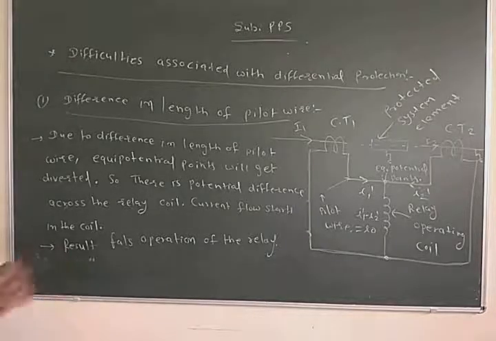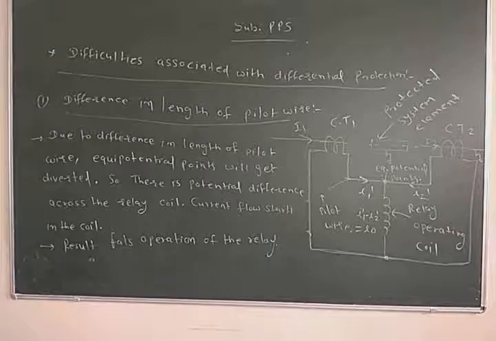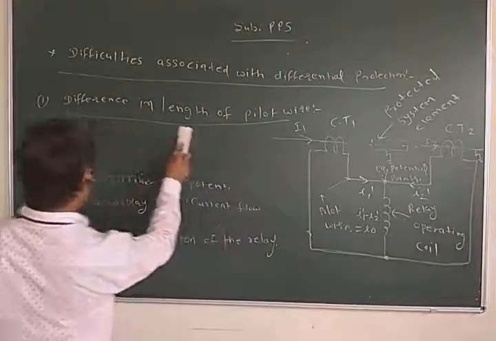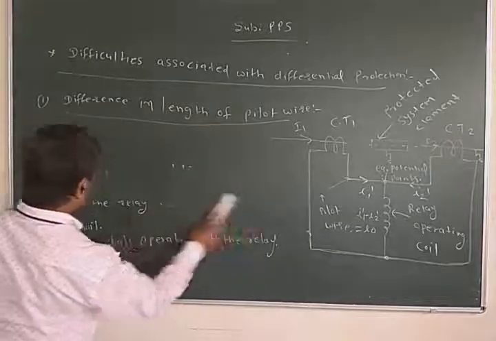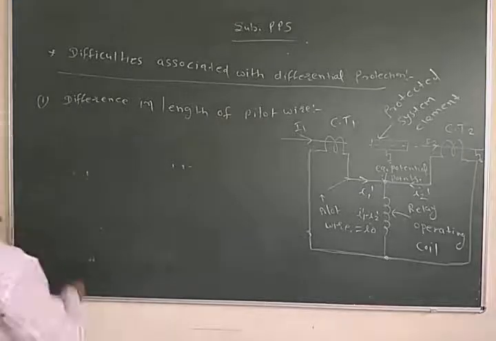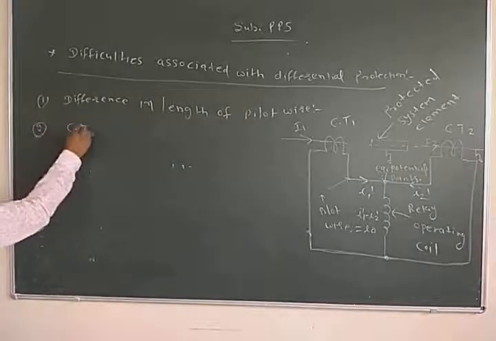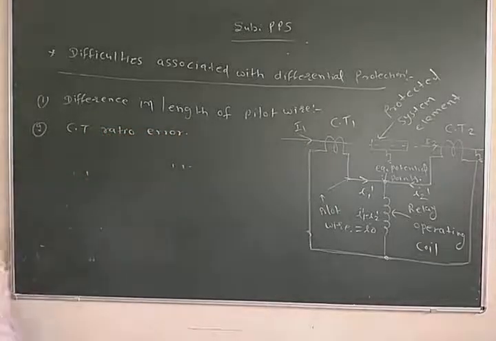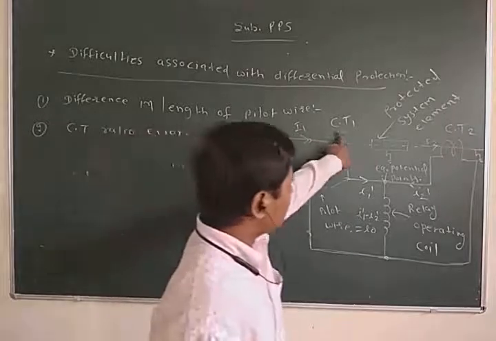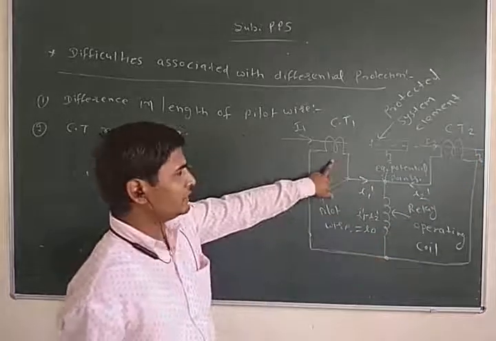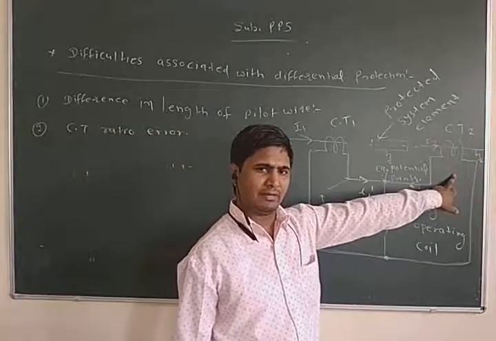Next difficulty is CT ratio error. CT ratio error means if the characteristics of CT1 and CT2 are not equal, then the outputs of CT1 and CT2 will also be different.